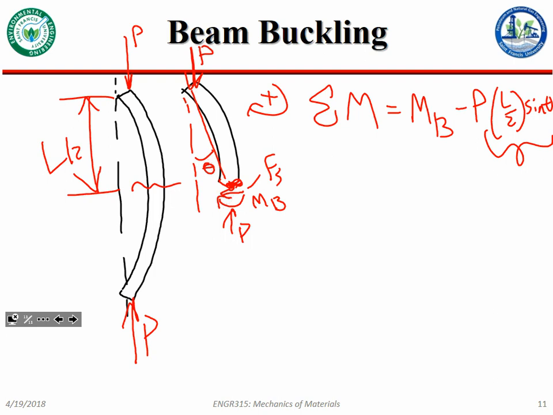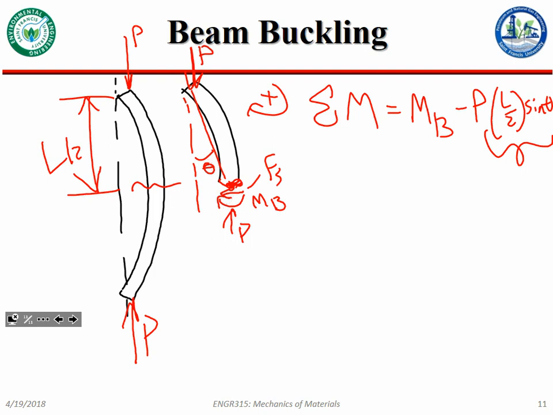And the further it deflects, the worse this is going to get, right? So you might think that because of the bending stress you're producing here, when that causes yield, there might be some critical load that you can apply to the beam that's going to cause it to really kick out and fail, right? Does that make sense? Yes, no, maybe? Okay, cool.